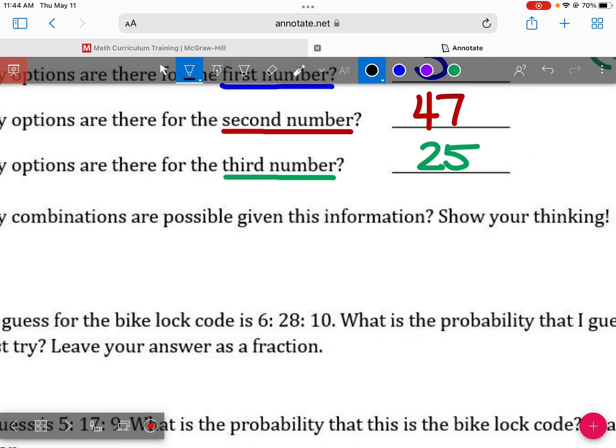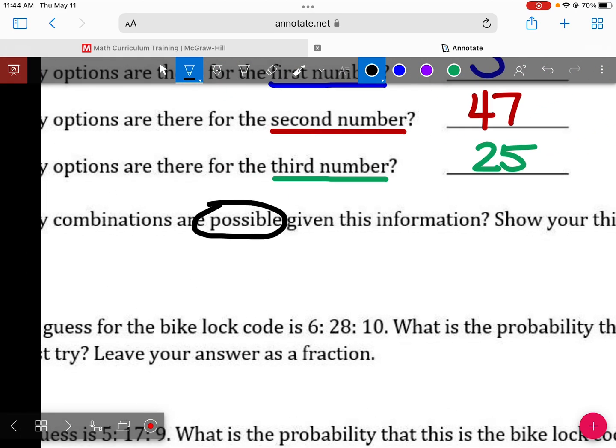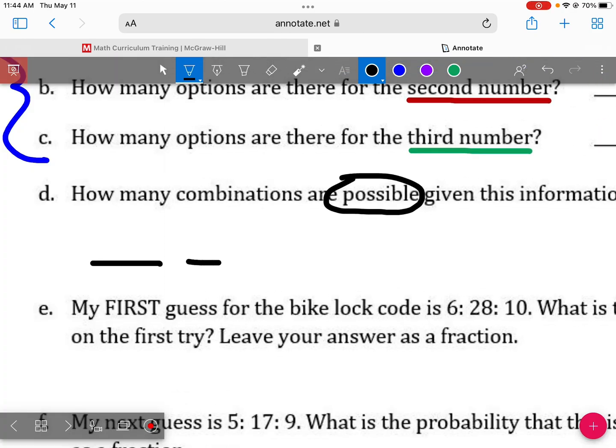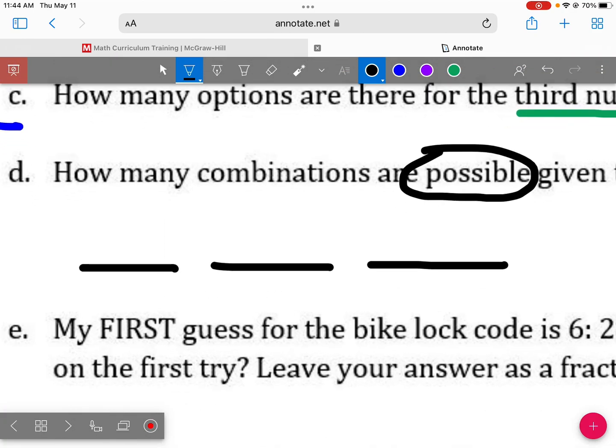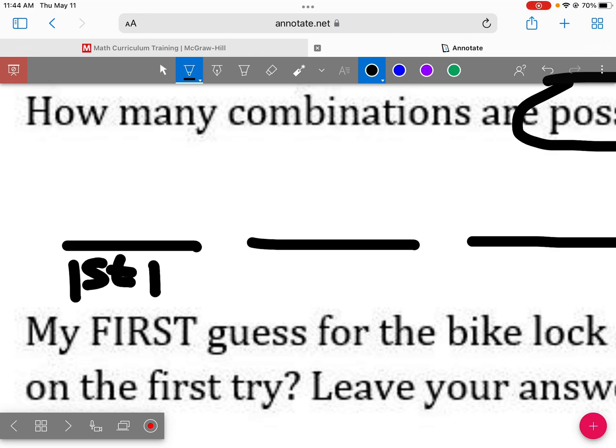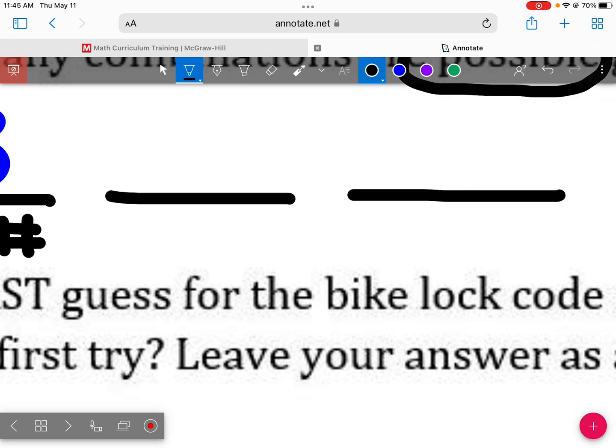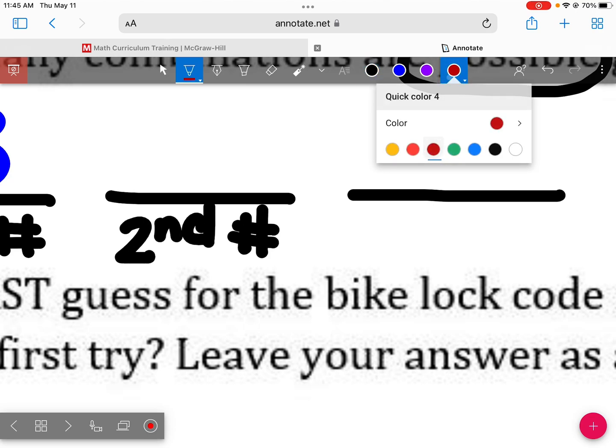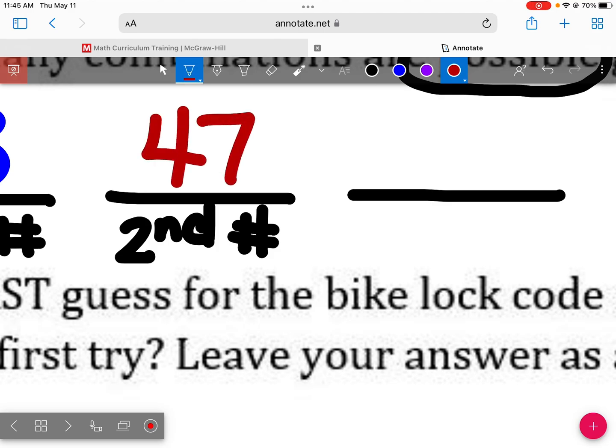Multiply them, yes. 3, 47, and 25, yes. For the first number, we had 3 options. For the second number, we had 47 options.